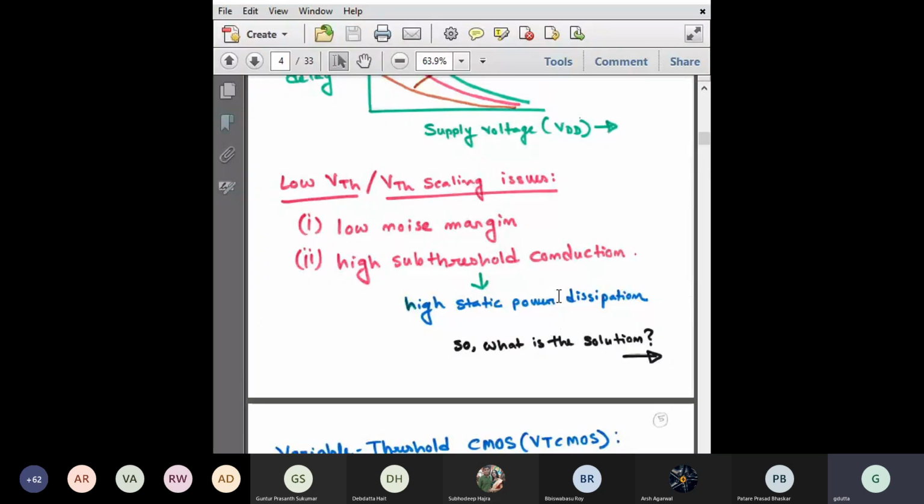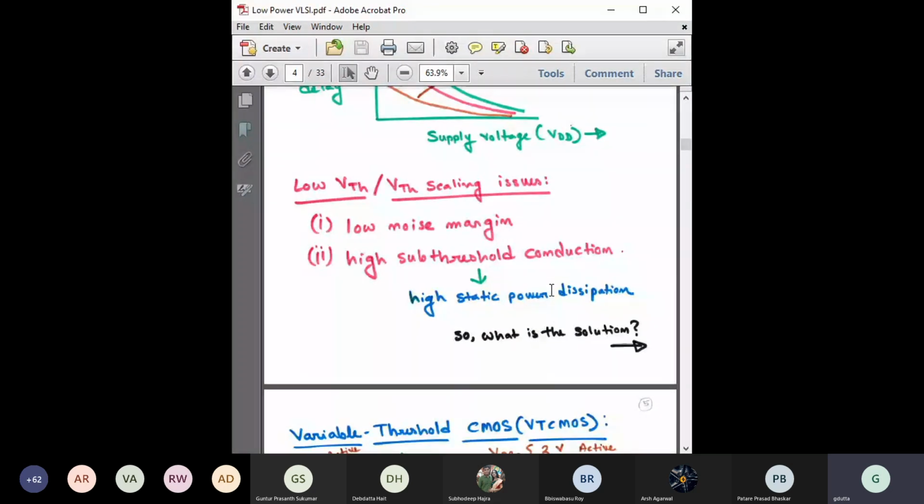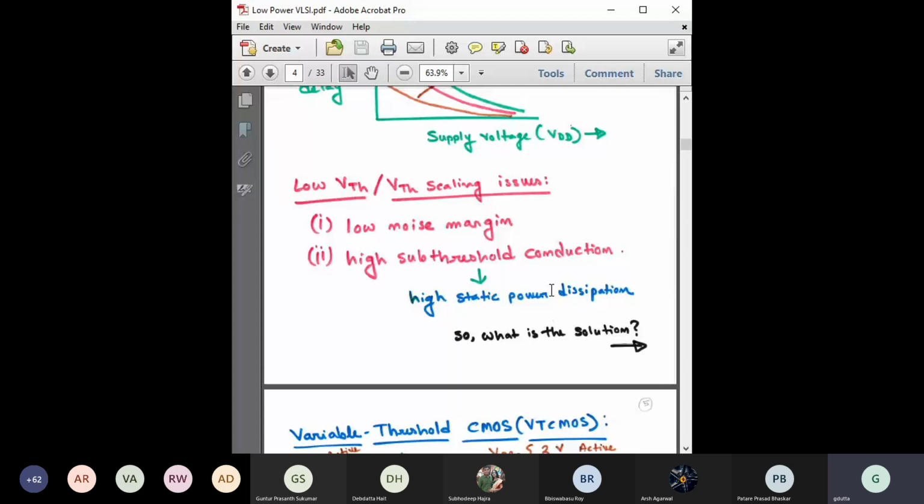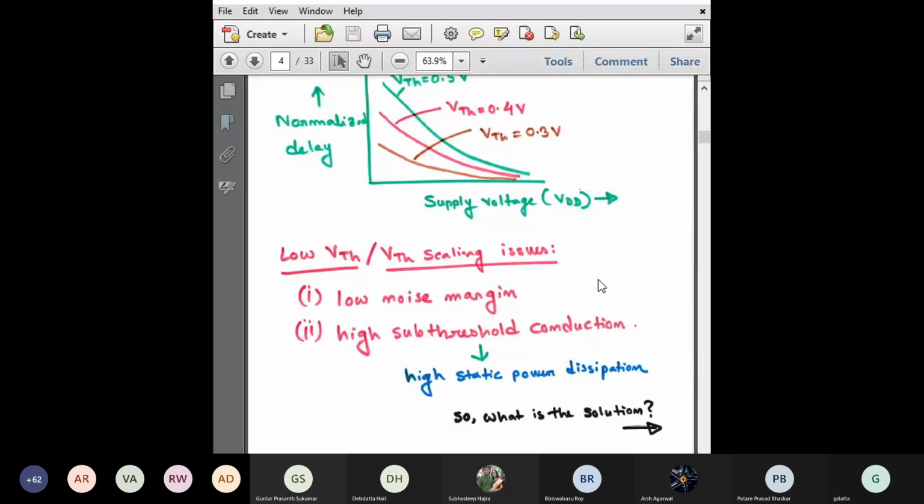Actually the relation is exponential. If you reduce the threshold voltage by some amount, your sub-threshold leakage current will increase exponentially. So these are the challenges why, if you scale down VDD by half, you cannot use the same scaling factor for the threshold voltage.